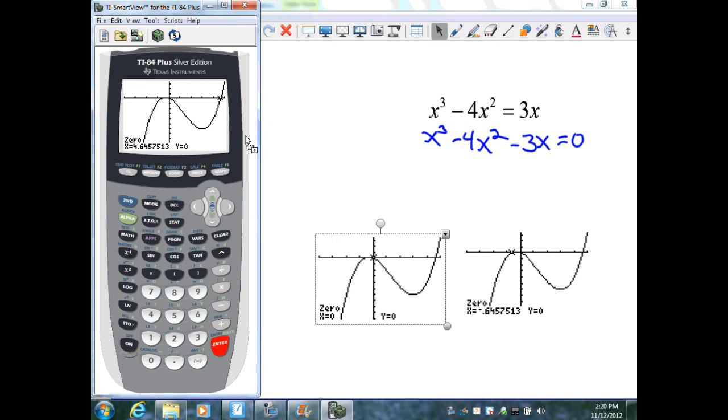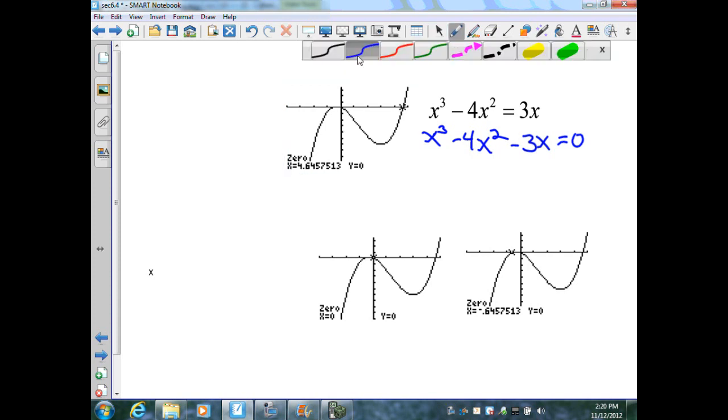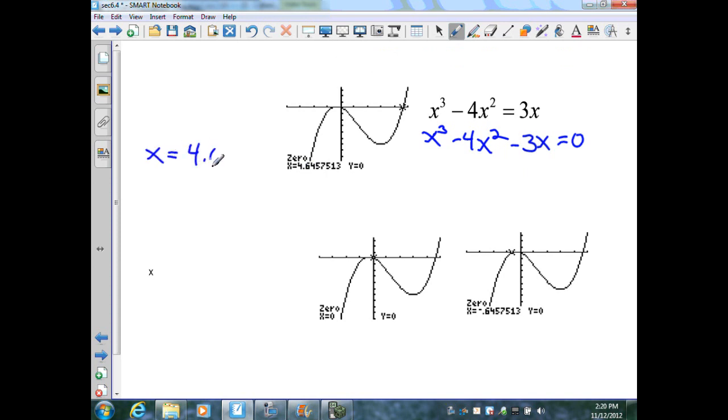And I have 4.6. So my solutions, or x-intercepts, or zeros, are x equal to 4.65, x equal to 0, and x equal to a negative 0.646.